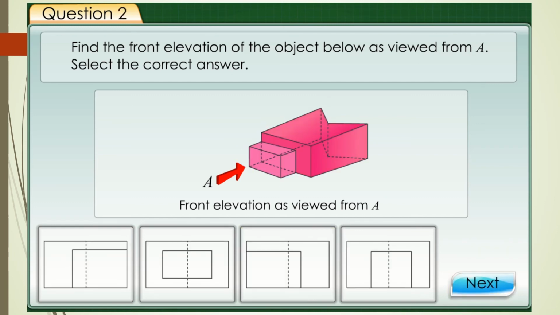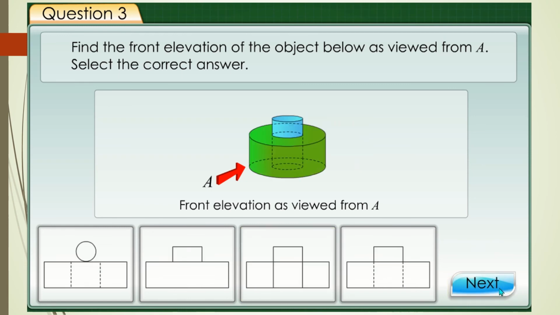Question 2. Good! That is the correct answer. Question 3.